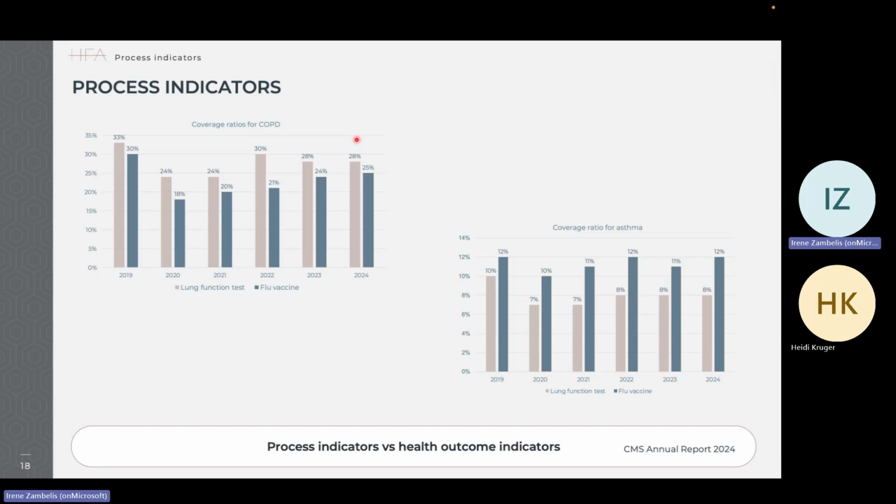So one can say to your disease management company, organization, why are we not achieving higher rates? What are we going to do to improve it? And likewise for people with asthma, we can see the percentage having a lung function test at 8% and flu vaccine at 12% is even worse than the COPD figures.